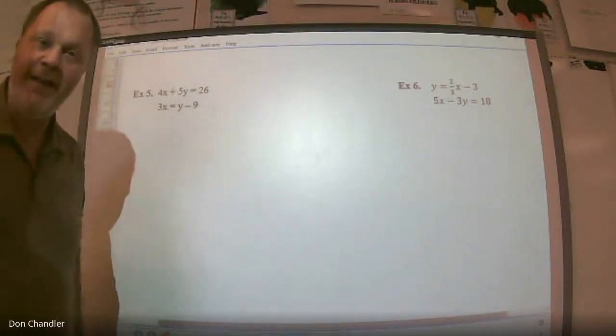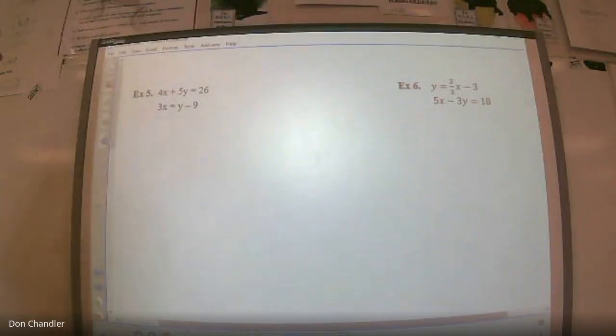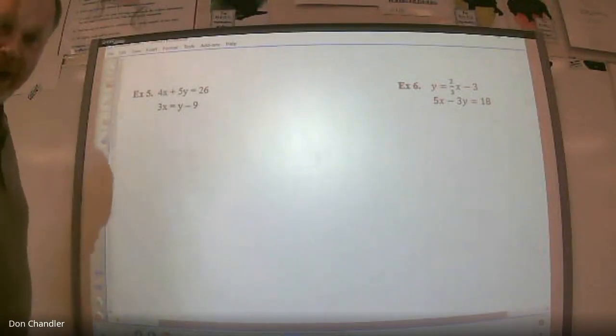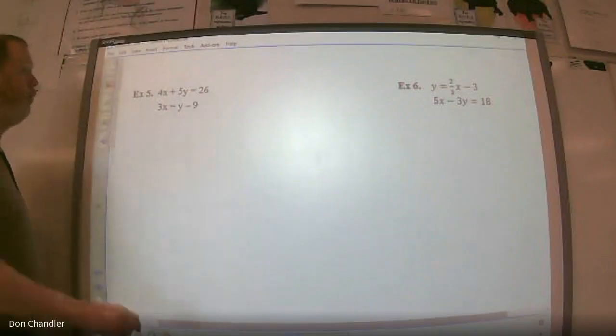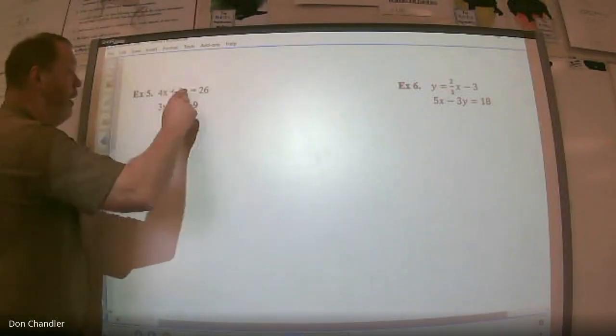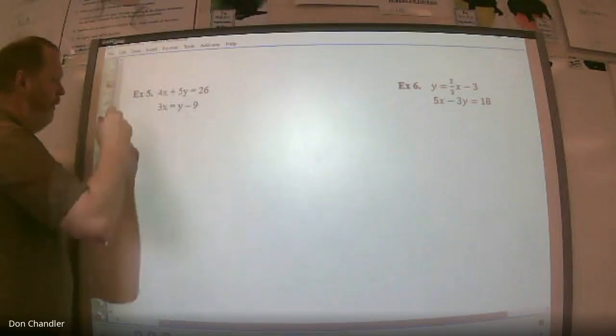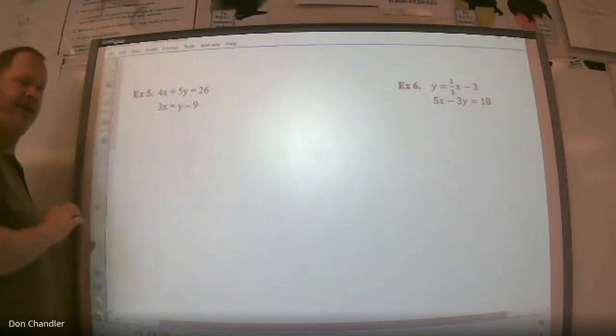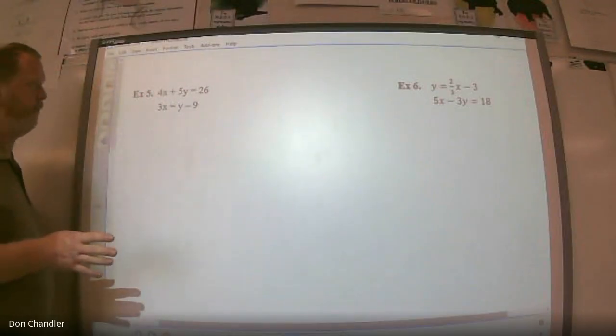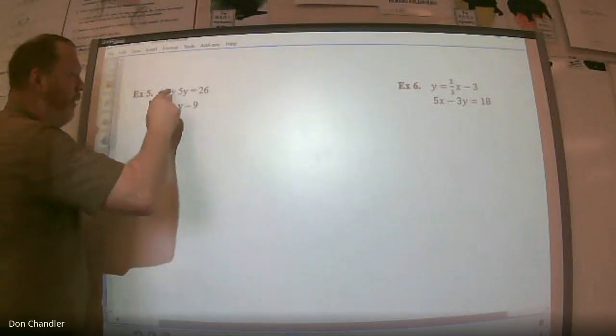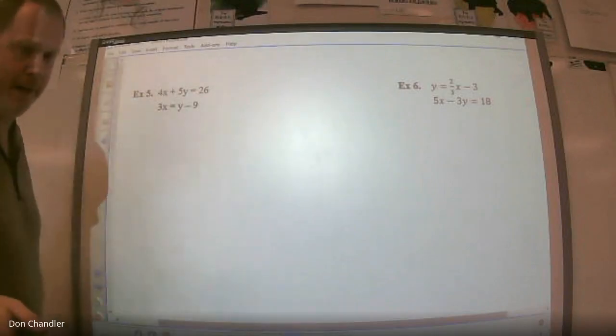If we were in class together, I would look at the class and say, which would be easiest to isolate? Do I really want to move the 5 over and divide by 4? I'm going to get 26 divided by 4 and 5 divided by 4. Isolating x in that first equation is atrocious. Moving the 4x over and dividing by 5 is no better.